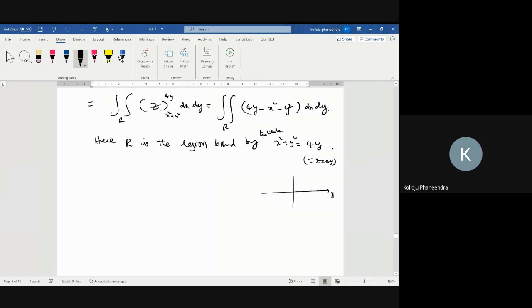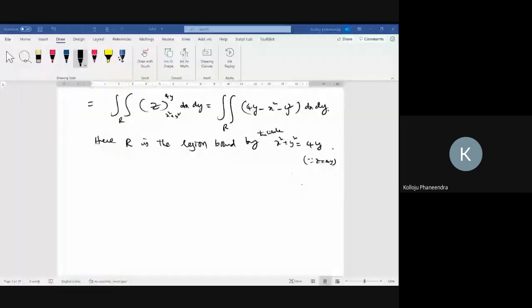Let me take this as the x-axis and this as the y-axis. The circle has its center on the y-axis. This is x square plus y square equal to 4y.